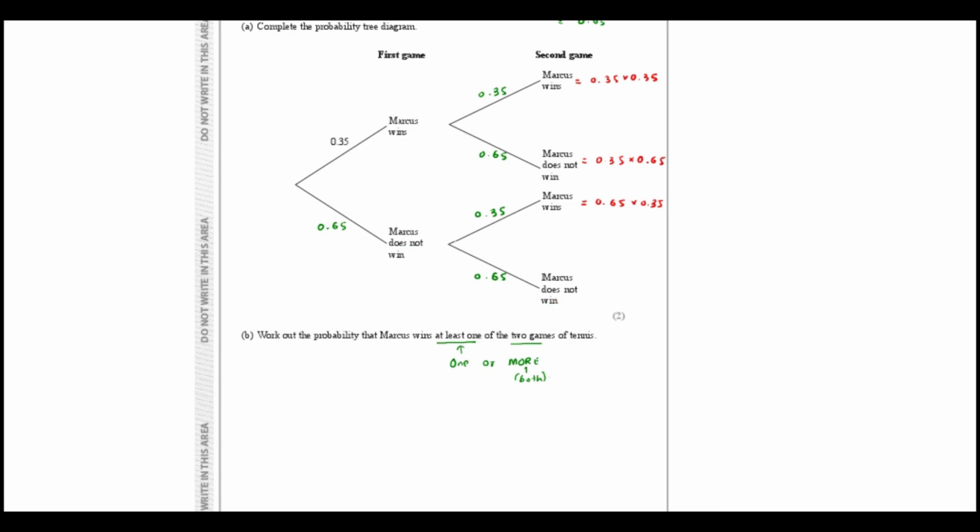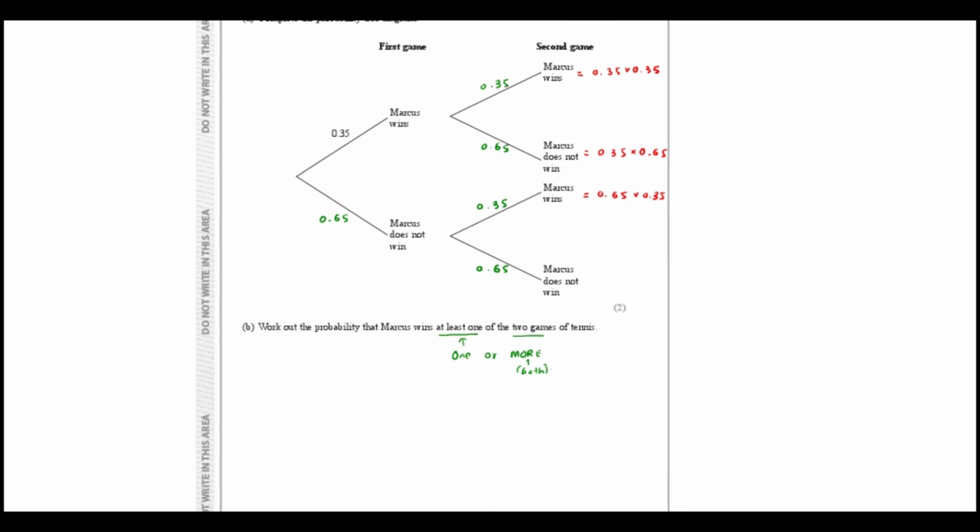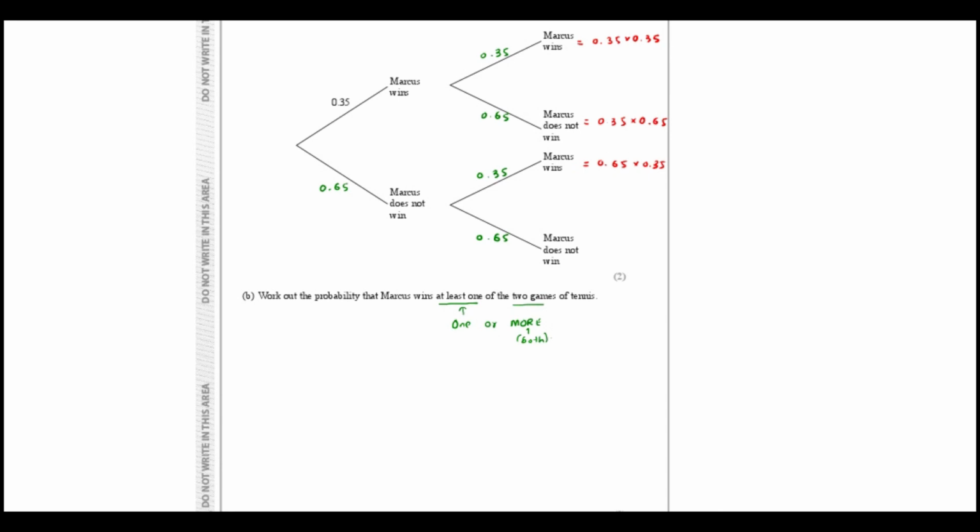And so this means I can't use this part for my part B, because I need Marcus to win at least one game. So I'm not going to take that part. So now the probabilities that we took need to be added. 0.35 into 0.35, that's the probability from the first part, plus 0.35 into 0.65, that's from the second part, plus 0.65 into 0.35, that's from the third part.